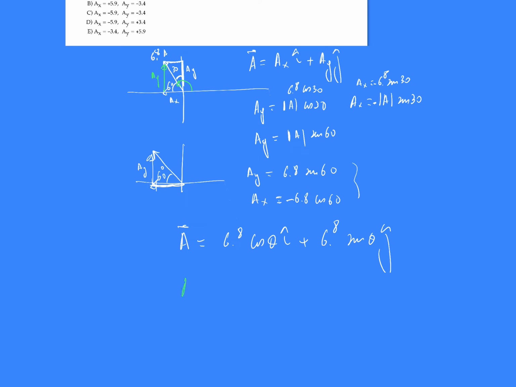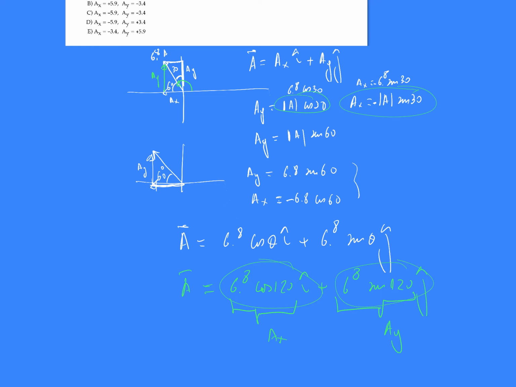So the vector A will be 6.8 cosine of 120 in the i direction plus 6.8 sine of 120 in the j direction. So this is the ay, and this is the ax. All the ax and all the ay that I have here, this ay is the same as this ay, and this ax is the same as this ax. All of them are the same.